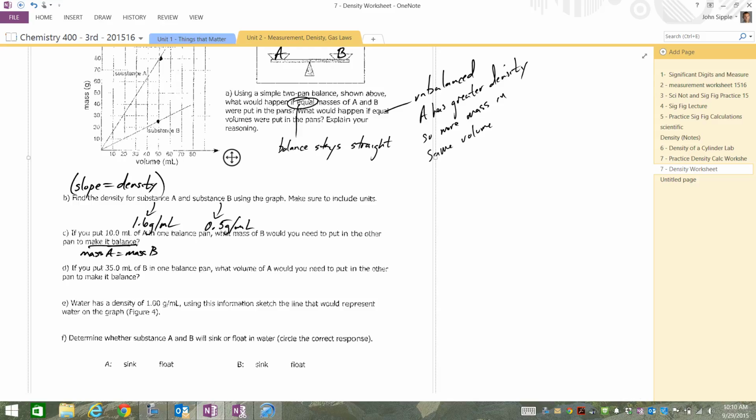So if you had 10 milliliters of B, so it's right there, but you're reading up to A, so somewhere right in there. What'd you guys estimate it to be on the graph? For substance B? We got 35 milliliters.